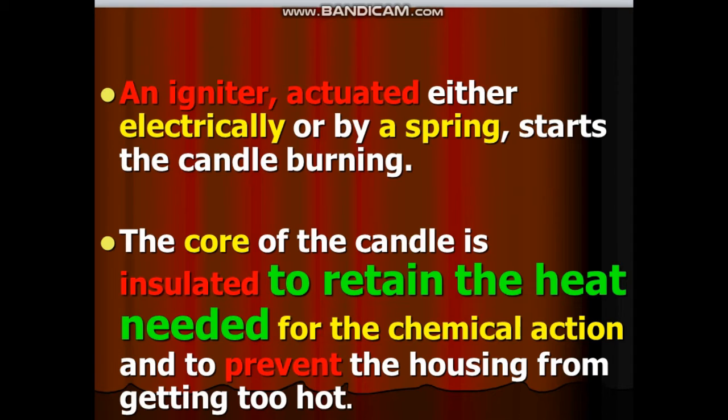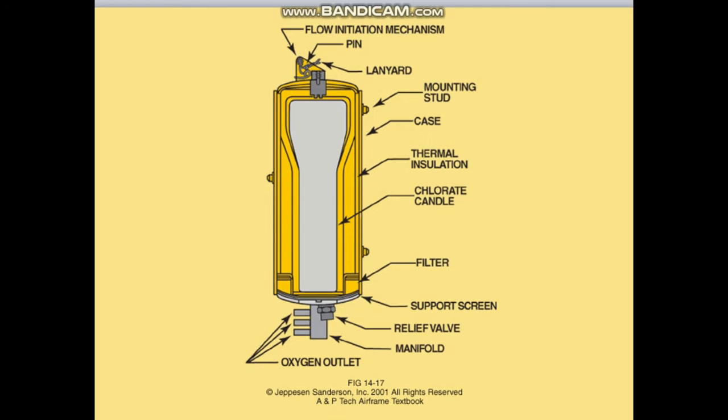The core of the candle is insulated to retain the heat needed for the chemical action and to prevent the housing from getting too hot. As we see in this figure, this illustrates the chemical or solid oxygen system.